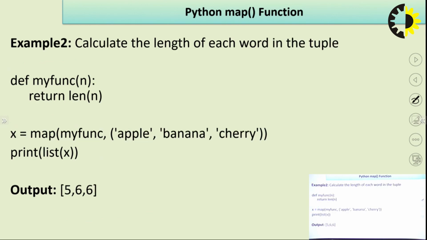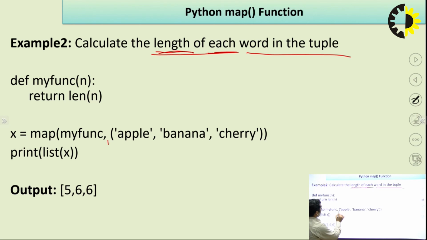Now calculate the length of each word. Here each means apply the same action, length, to each word in the tuple. So we perform the same action on all the elements.